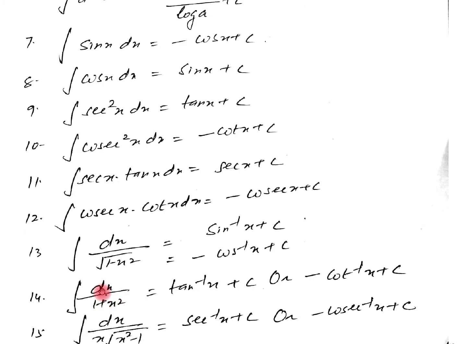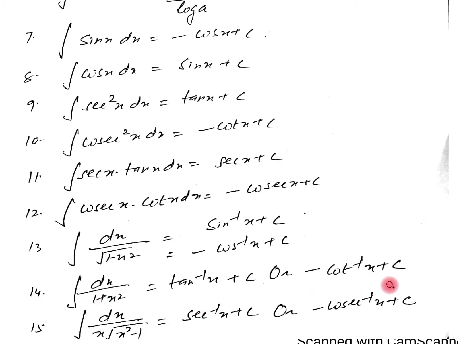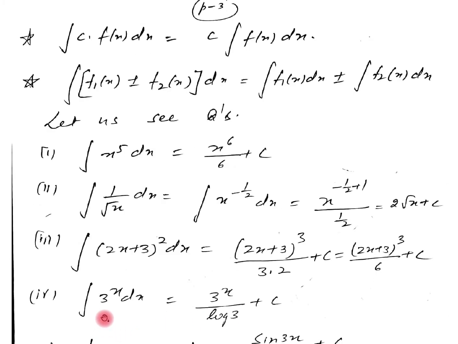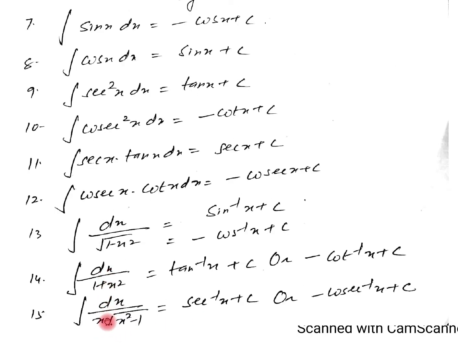Similarly, the integral of dx upon 1 plus x square is the derivative of tan inverse x. So its integral is equal to tan inverse x plus c or minus cot inverse x plus c. Similarly, the integral of dx upon x under root x square minus 1 is equal to secant inverse x plus c or minus cosecant inverse x plus c.